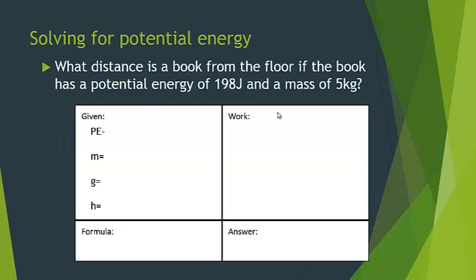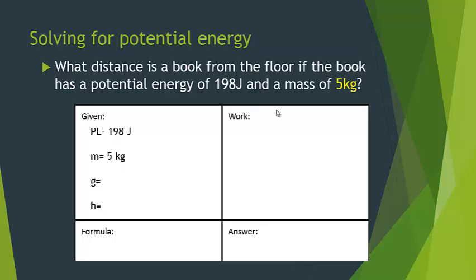So now that we got our information, we now write our chart and plug in our 4 givens into the given box: potential energy, mass, gravity, and height. According to the problem, our potential energy is 198 joules, so we're going to plug that into the joules box. Then it says our mass is 5 kilograms, so I'm going to plug that in for our M, our mass.